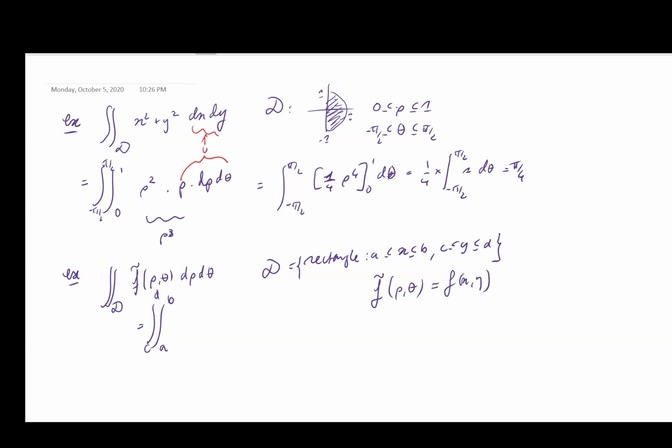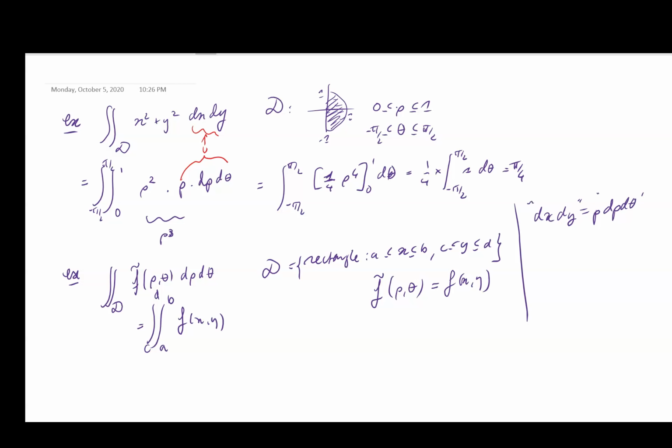Usually we do the contrary, but let's say it comes very nicely. And so you change your function. And third thing, you change the d rho d theta. Okay, what did we have earlier? We had that dx dy was equal to rho d rho d theta.